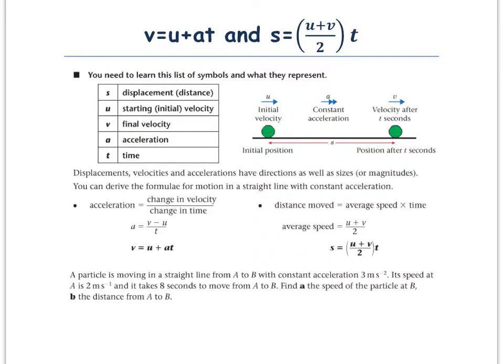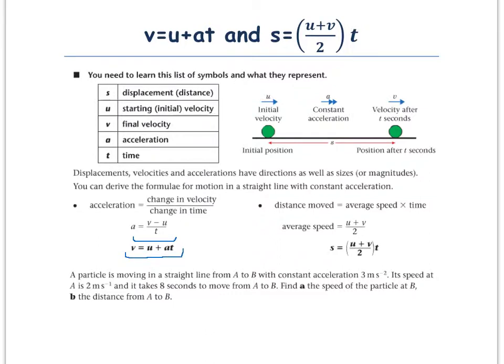So if we use the letters we've just looked at, A is equal to V minus U divided by T. And if you rearrange that a little bit, you get V is equal to U plus AT. Here, we've already got 2 of our suvat equations. They're 2 of the suvat equations.